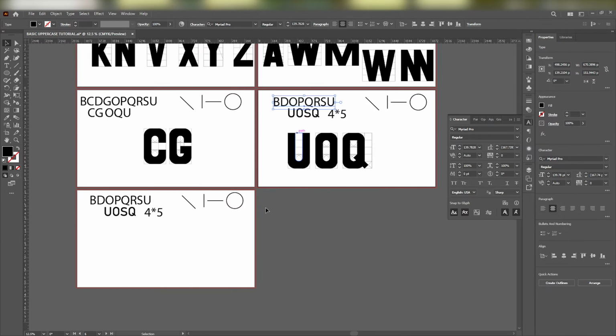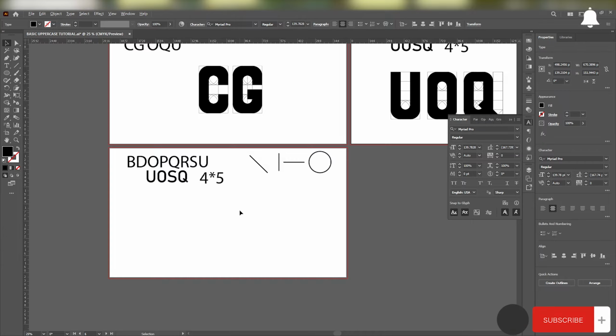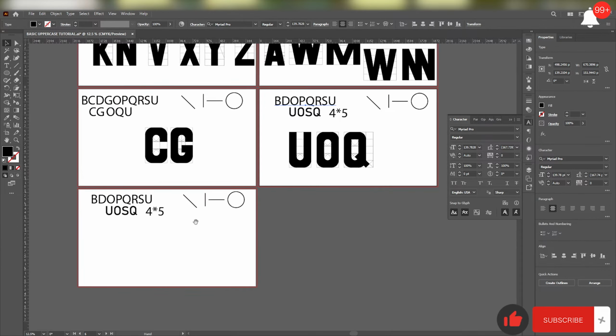This is not the history, this has nothing to do with the style. This is just how to create the very basic typographic font. So heading straight into today's tutorial.